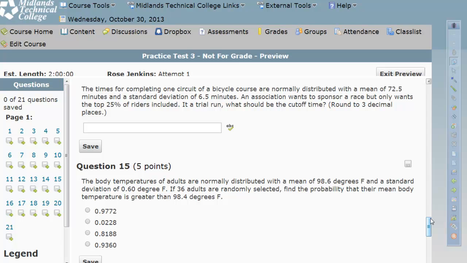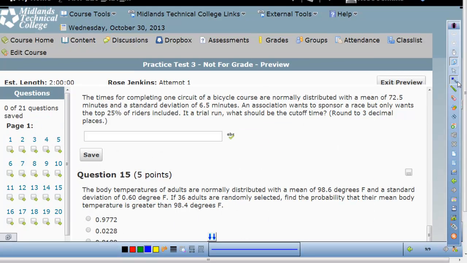What should be the cutoff time? All right, so we know this is normally distributed, but what have they asked us to find in this case? Cutoff time. And in terms of x, z, and the probability, which one is cutoff time?